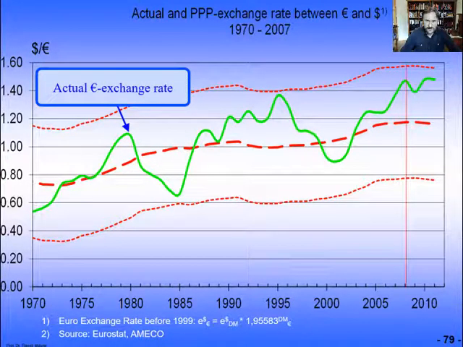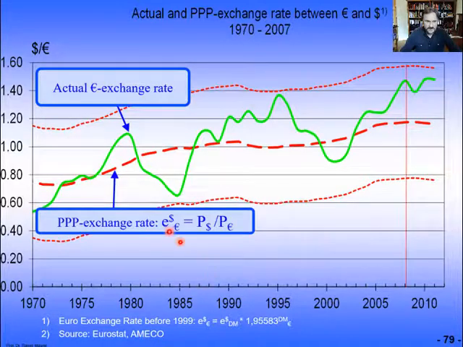The dashed red line represents the purchasing power parity exchange rate of the euro against the US dollar, calculated on the basis of the prices of a standardized basket of consumer goods.